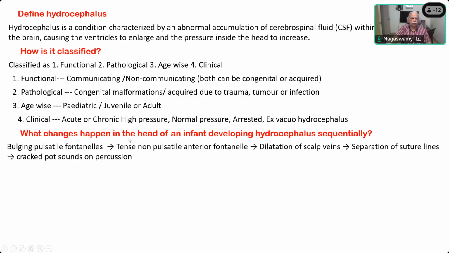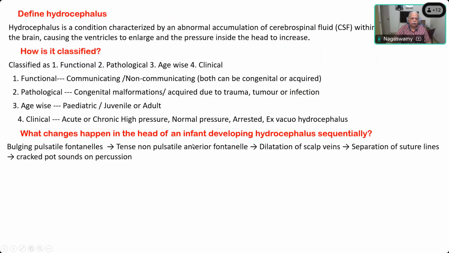The bulging pulsatile fontanelles, that will be the first thing. Normally you can feel the pulsations in any child before 18 months of age. But here it starts bulging and there is a pulsation in the fontanelles.